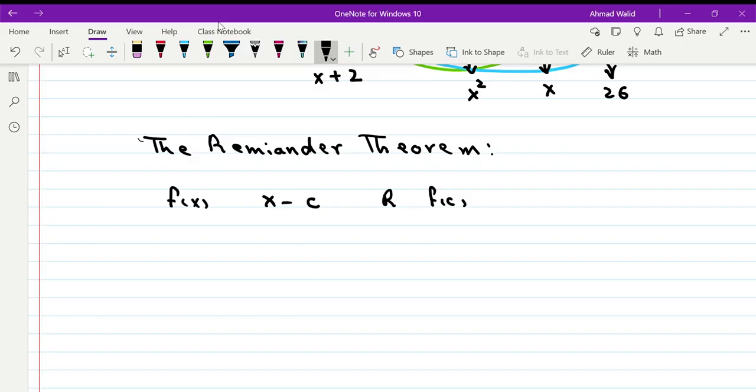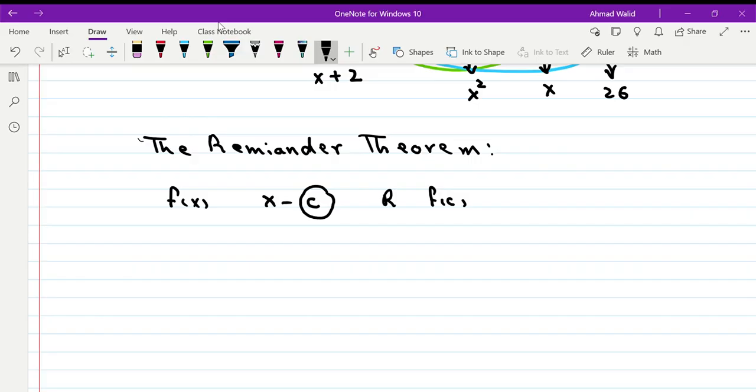Where we use the remainder theorem. Look, f of c means f of this number. That gives you the remainder.